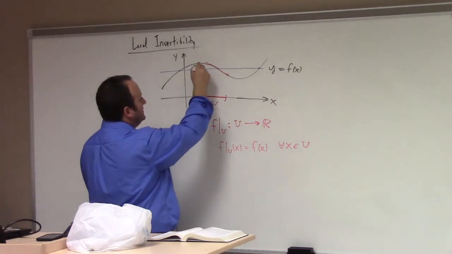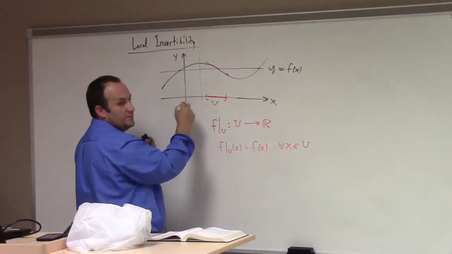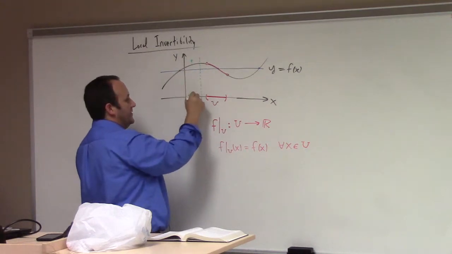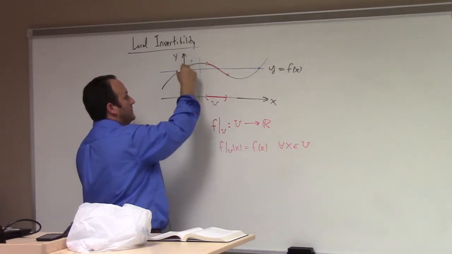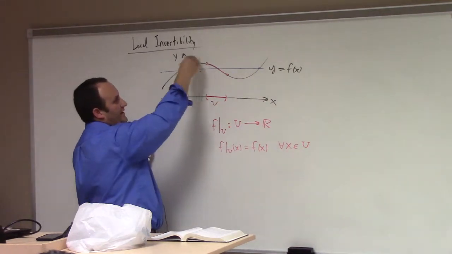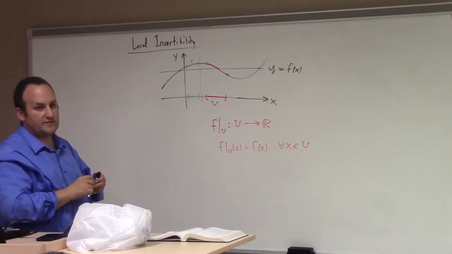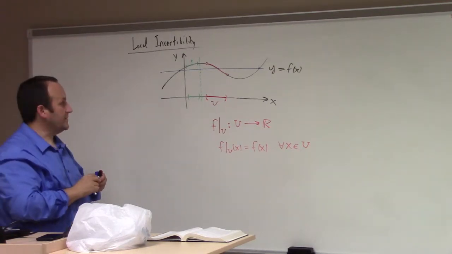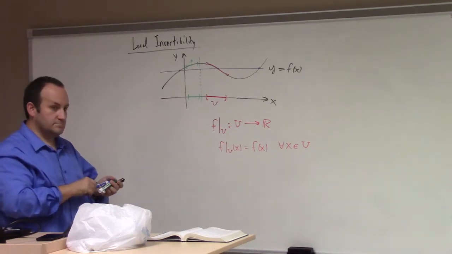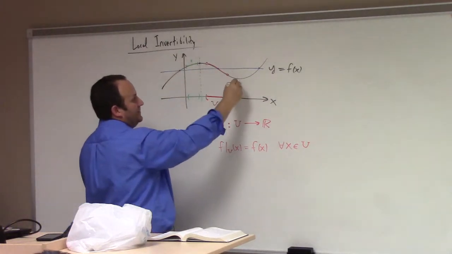Well, it's going to be troubling if I get past the top of the hill here, isn't it? So with respect to this point P, I should probably choose something more like this for the U. But if you look at it, it would still pass the horizontal line test there. Where is this function not locally invertible? On my picture, there are 2 points where it's not locally invertible: the top of this hill right here, and the bottom of that hill right there.